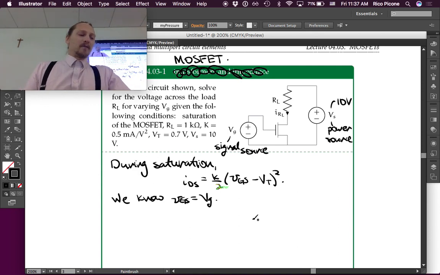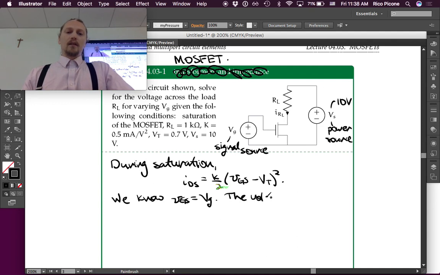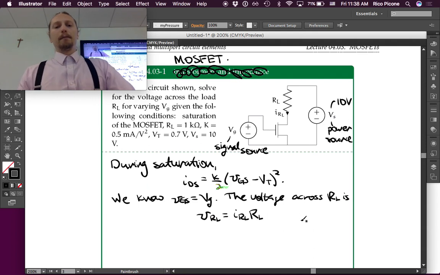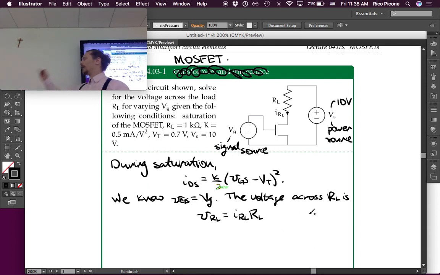That's a good start. The voltage across the resistor, across the load, is, from Ohm's law, VRL equals IRL times RL. We want to know what that voltage is.